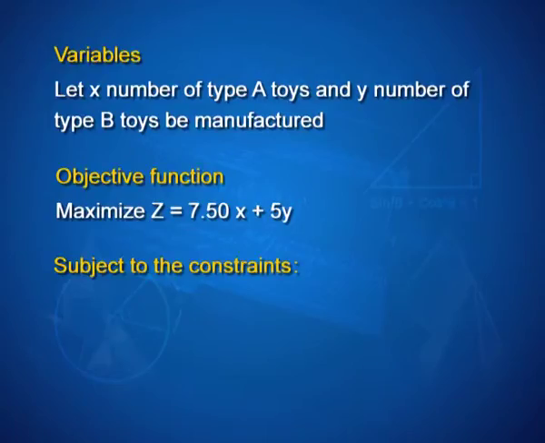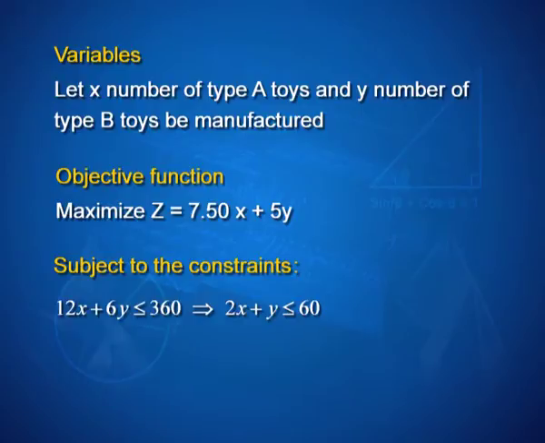And what is the total constraint? 12x plus 6y must be less than or equal to the 6 hours, but instead of 6 hours, we should write 360 minutes. And therefore, the constraint that we get for machine 1 is 12x plus 6y is less than equal to 360. You can simplify the inequality and it will be nothing but 2x plus y less than equal to 60.